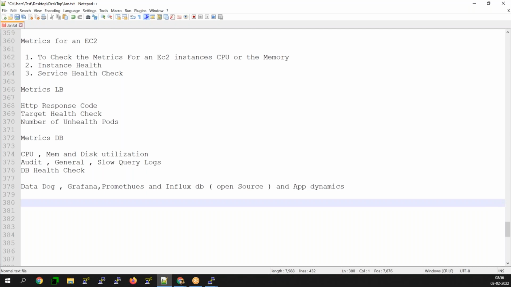So people nowadays are going with Datadog. Why? Because it is a very effective monitoring tool in the market at this moment. I did a comparison between Datadog, Grafana, Prometheus, and AppDynamics, and the ELK logs as Kibana, and other areas like Nagios and Zabbix as well.